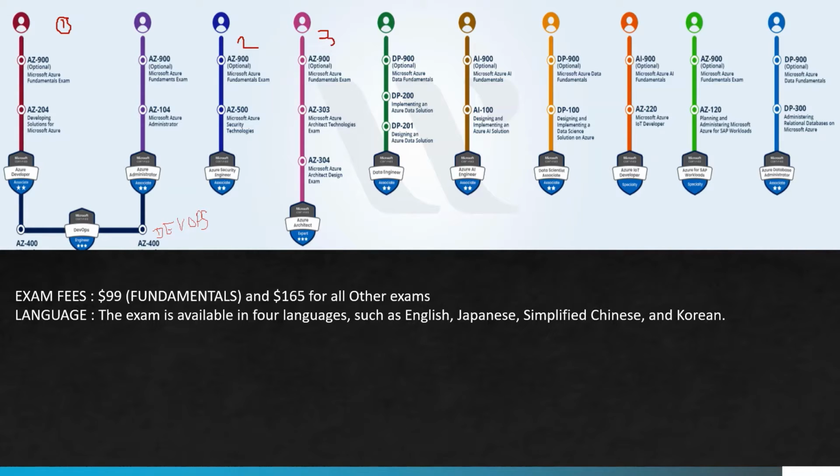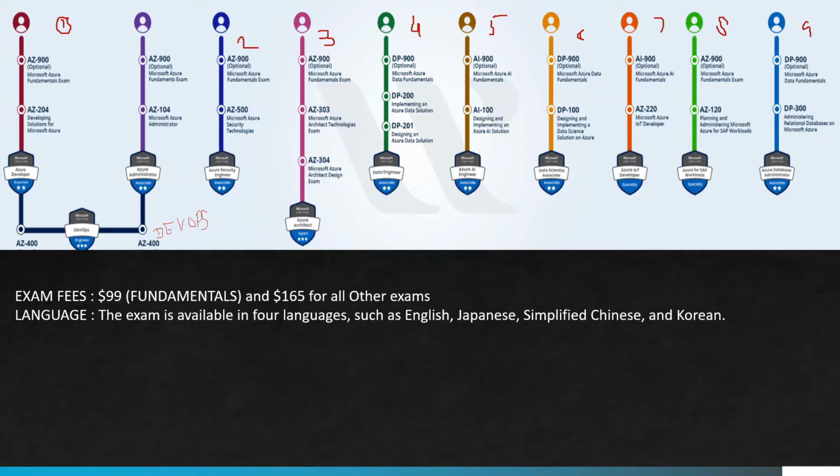For various roles there are separate certifications. For each role there is a separate certification. This is 7, this is 8, and this is 9. So in total, 9 career paths are there in the Azure area.